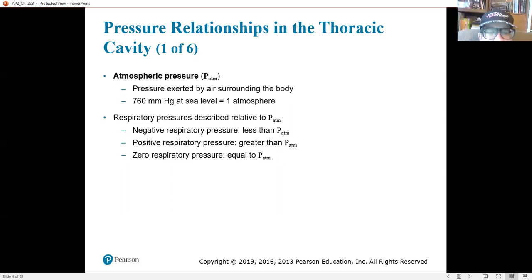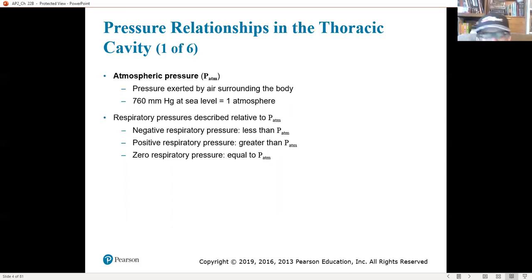All respiratory pressures are described in relationship to the atmospheric pressure. So if you have something that is lower than the atmospheric pressure, then you have a negative respiratory pressure. If you have something at a higher pressure than the atmosphere, then it's a positive respiratory pressure.